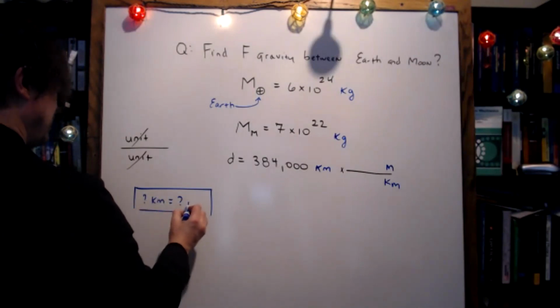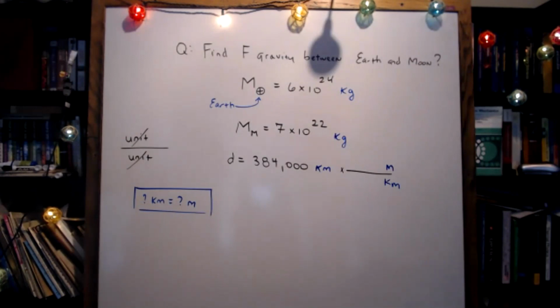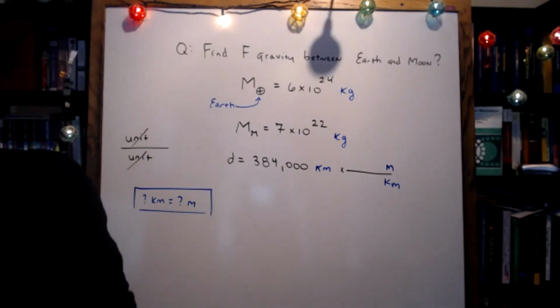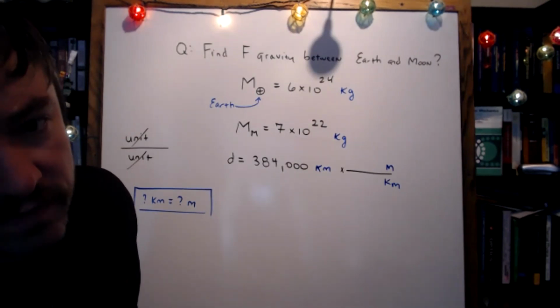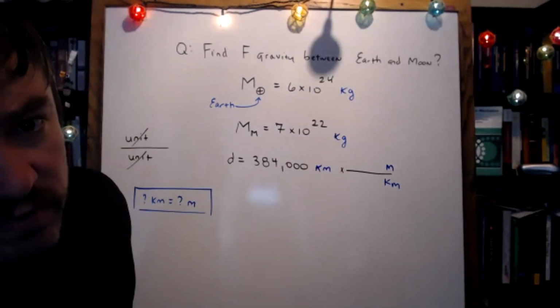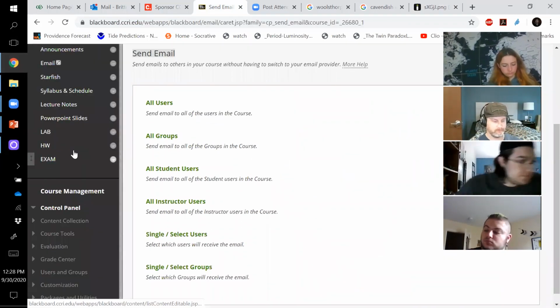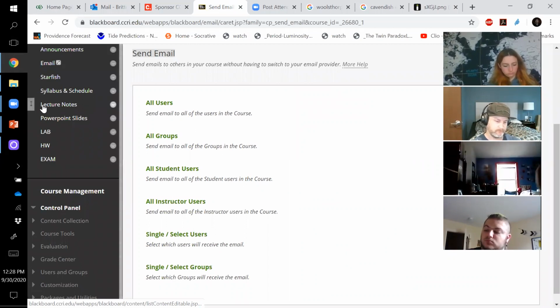Question mark kilometers equals question mark meters. You can find it in your notes or in one of those notes that I handed out. Let's see here. Oh, I found it. So it'd be G equals... No, a number. Nope, that's a different thing.